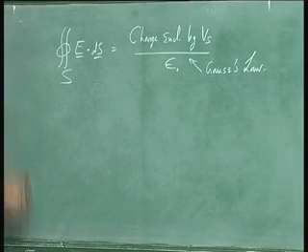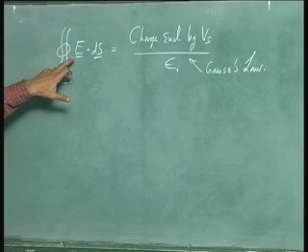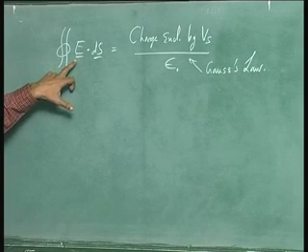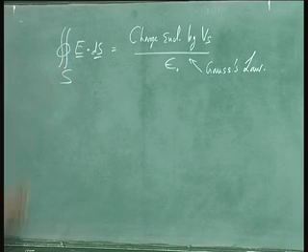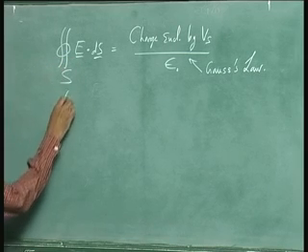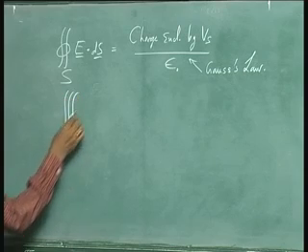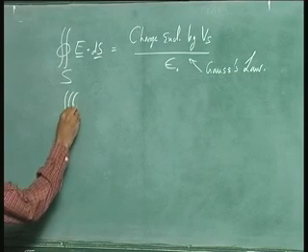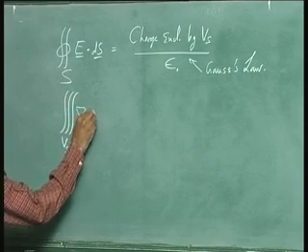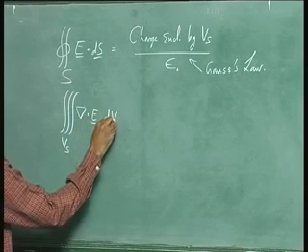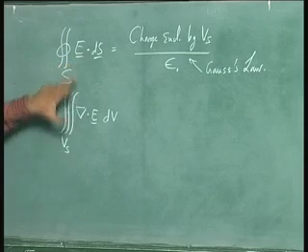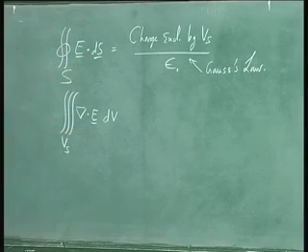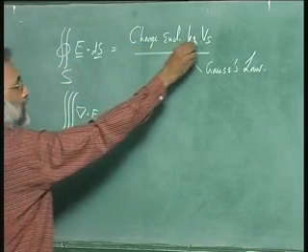Now, there is only one more step, which is that I can do some mathematics on this surface. We showed that you can write this surface integral as a volume integral over the same volume, divergence of E dV. We showed last time that these are saying the same thing. And what is charge enclosed by Vs?